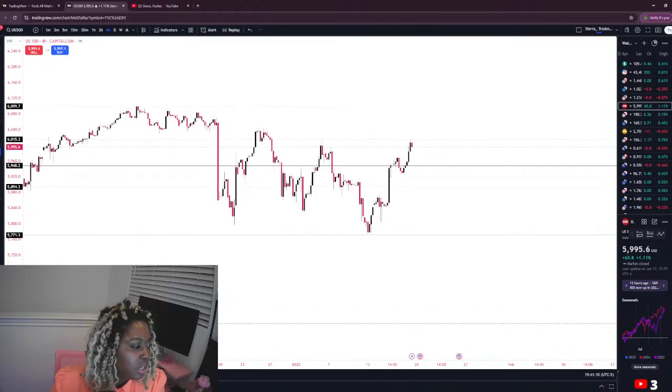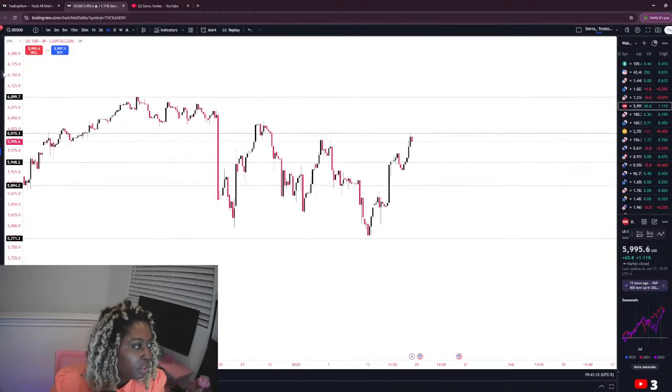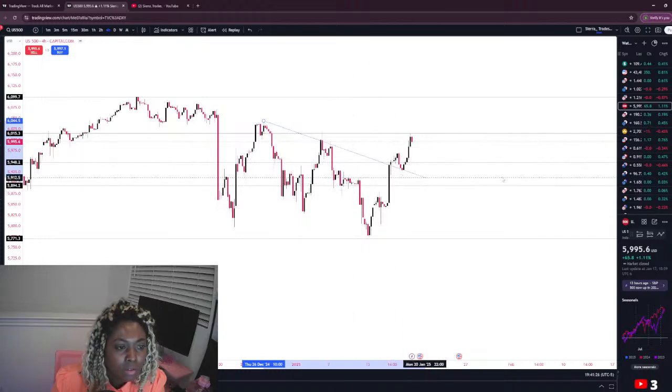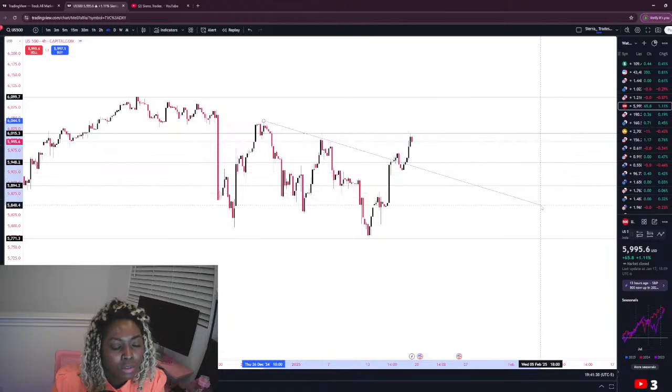I do see where I can put a trend line. This is looking like US 30, it was a breakout trade. I'm going to use this one.